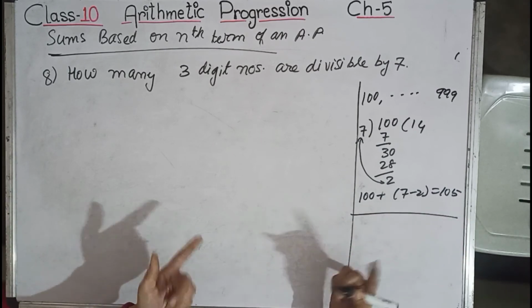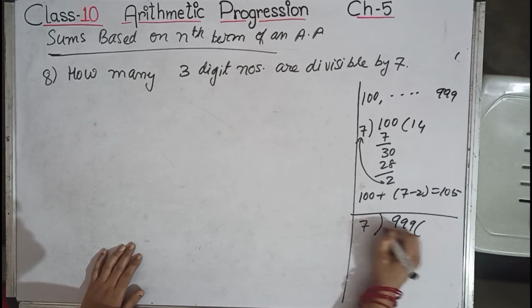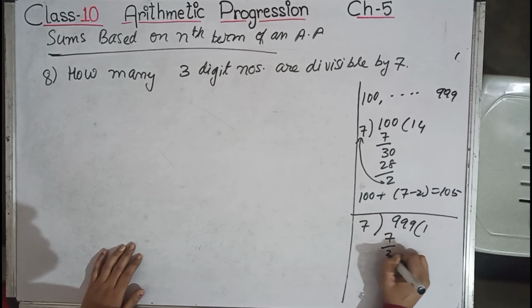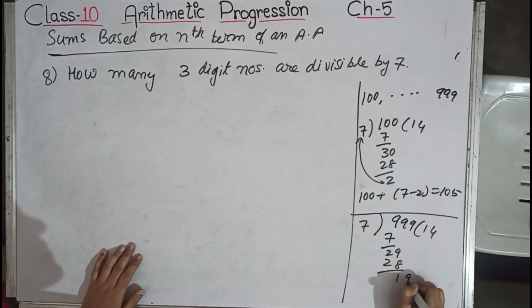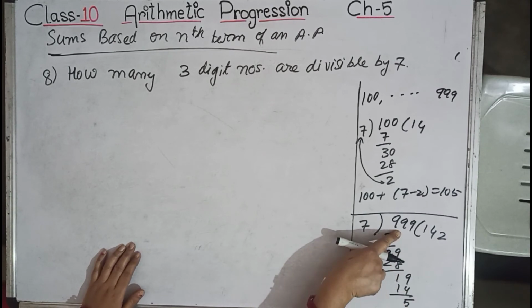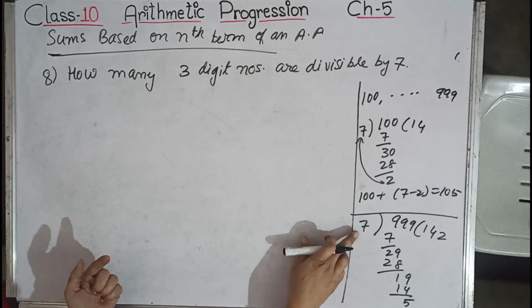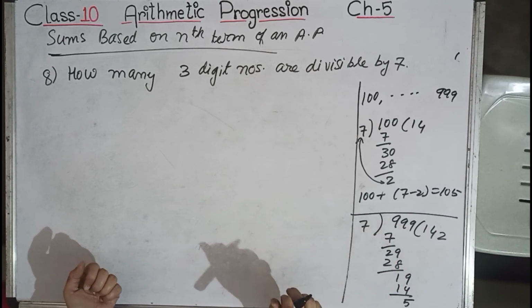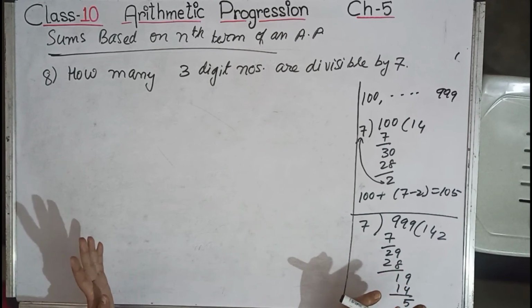Now the last 3-digit number which is divisible by 7, for that also we divide 999 by 7. Five is the remainder. Now over here, if I subtract 5, I'll be getting a 3-digit number only. But if I add something, 7 minus 5, that is 2, obviously it will be divisible by 7, but it will not be a 3-digit number.